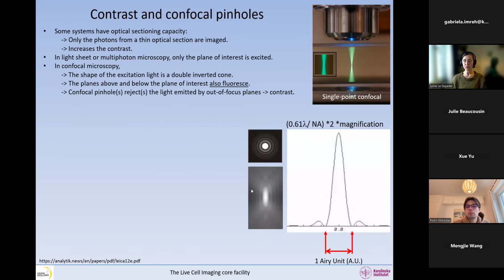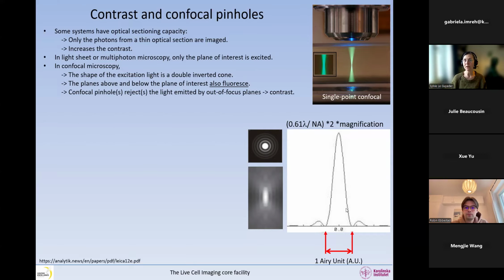So I remind you how the pinhole works: here we have the image in X, Y, and in Z of our small fluorophore in our sample. And when we close the pinhole, we are actually making a mask in here. So we have a field stop that rejects all these things. So the size of the pinhole is going to be one Airy unit, and then it's magnified by the objective.